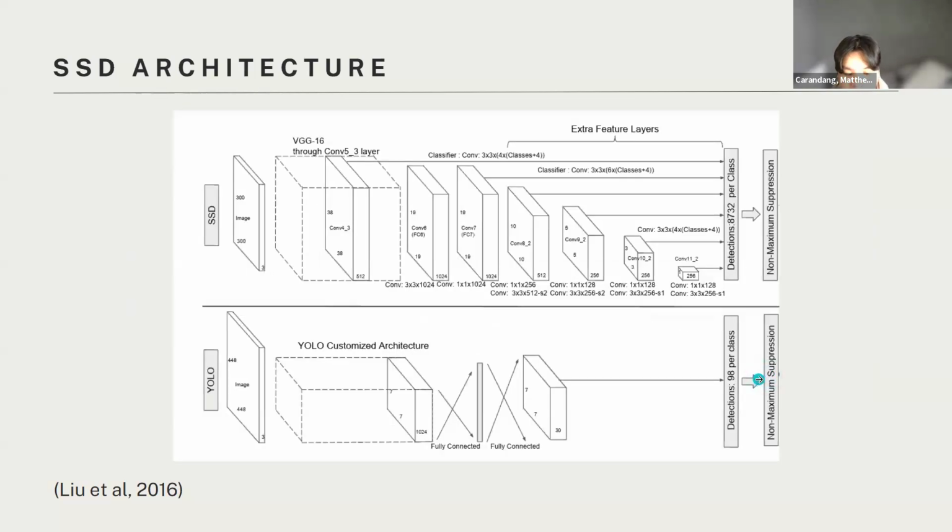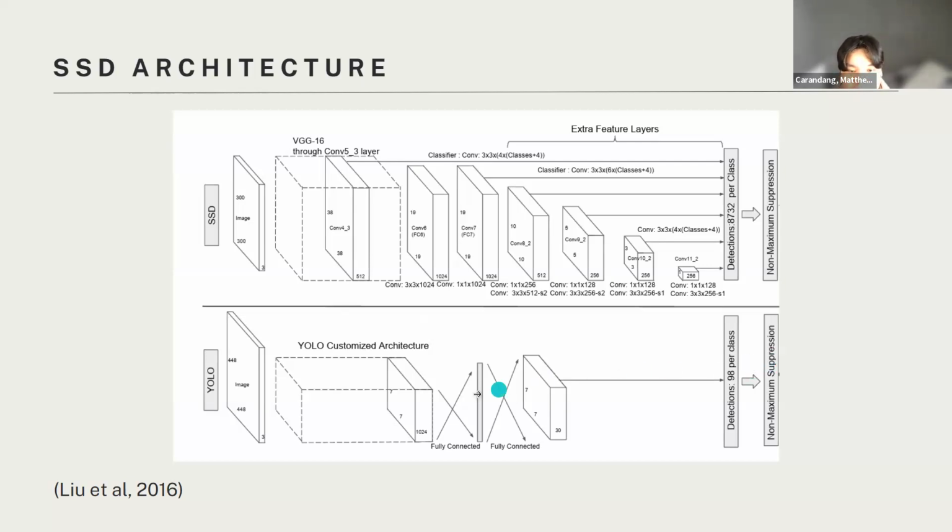So here we have the SSD architecture side by side with the YOLO diagram. First, YOLO V1 predicted from one final feature map. SSD predicts from multiple feature maps at different scales.